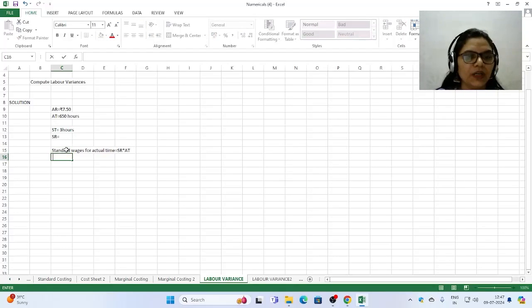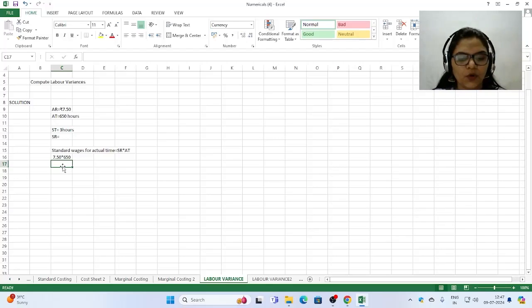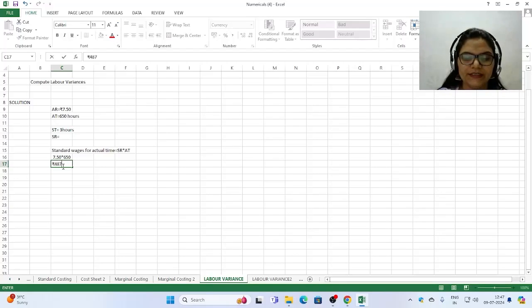Standard rate given to us is 7.50 into actual time, 650. So standard wages for actual time comes out to be rupees 4875. We need to show it in rupees 4875.